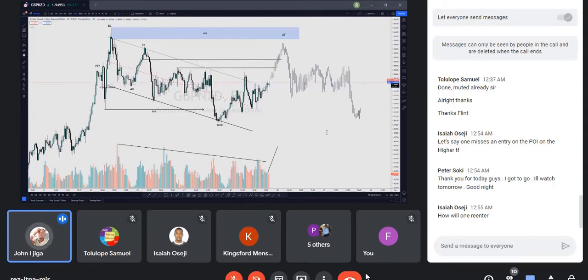It says, let's say one misses an entry on the POI on the higher time frame. How do you re-enter? Price is always going to give you a re-entry. Price doesn't move in a straight line. It always creates liquidity, then breaks structure, right? So with that, you should know that price would always give you a re-entry. So if you do miss from your POI, it's good.